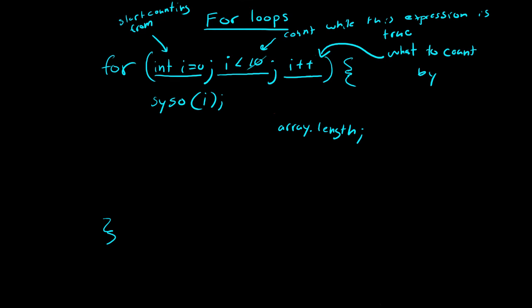What that will do is count from 0 to the length of the array, so you'll count every single element in the array. And you can syso every single element by just going array[i], like that. In the next code, I'll show you how to use this.